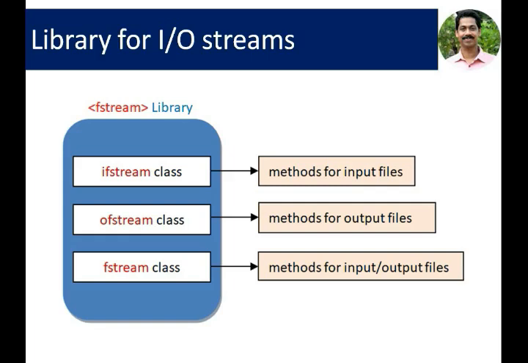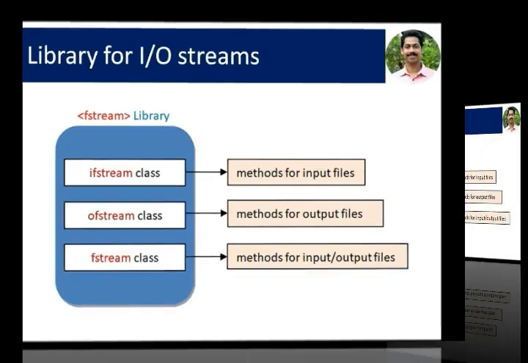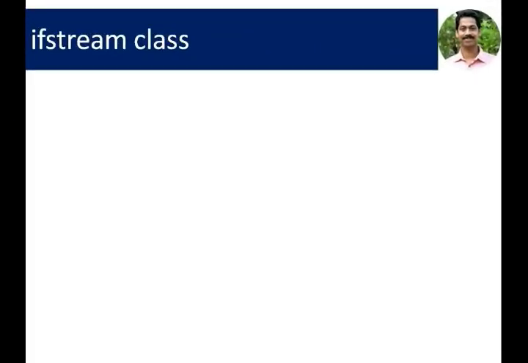That is, for creating a file, editing a file, modifying a file. For every file operation, we must use any one of these classes, and for using these classes, we must include the FStream library in the program.